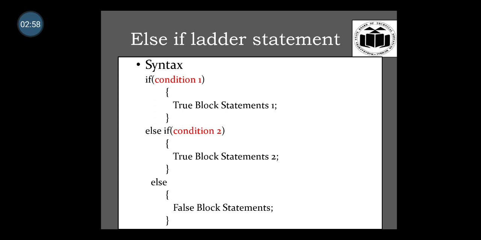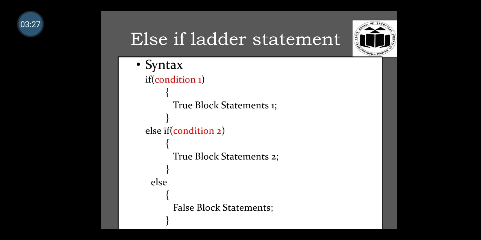Third is the else if ladder statement. In the else if ladder, we can use multiple if statements, like first if condition 1, then true block statements, meaning if condition 1 is true, then that statement gets executed, that is statement 1. If condition 1 is false, then condition 2 is checked.